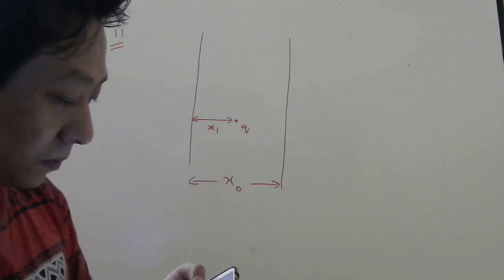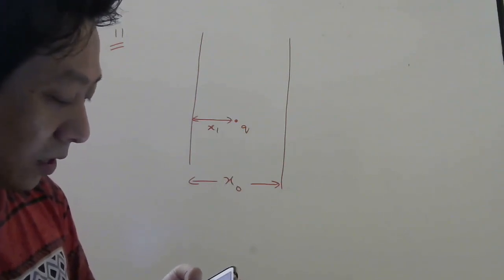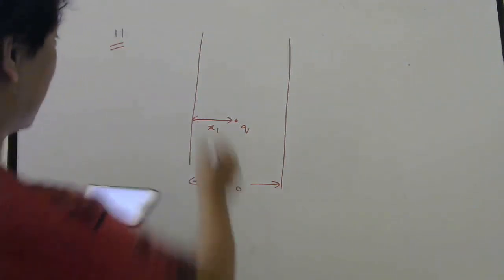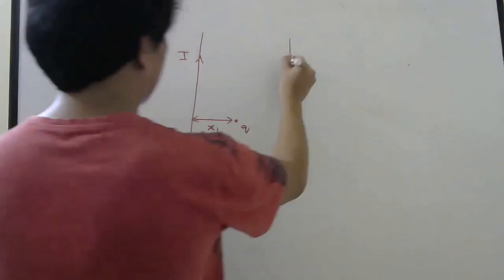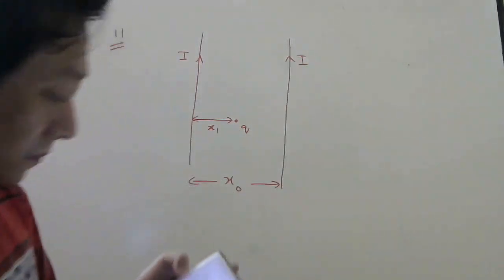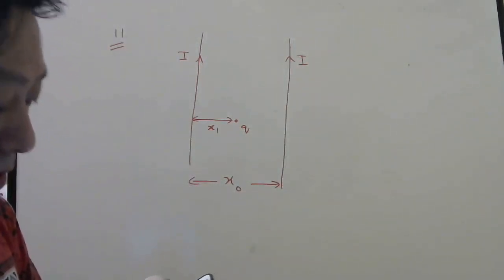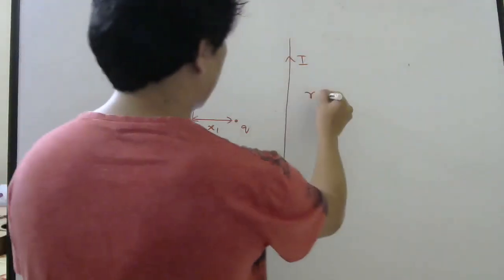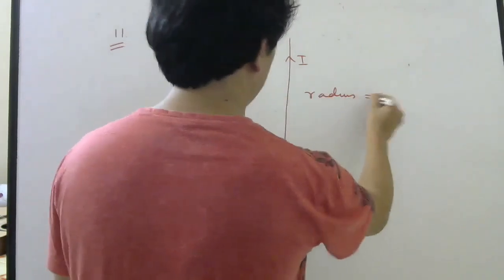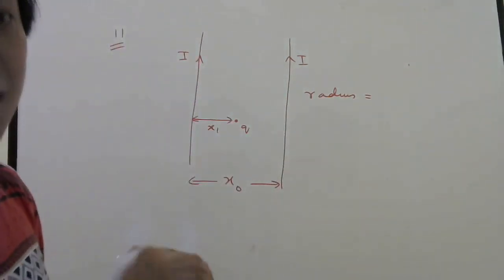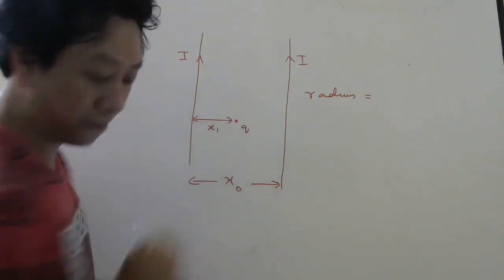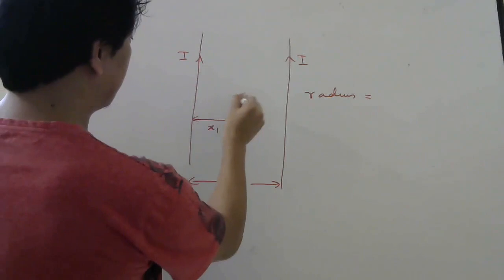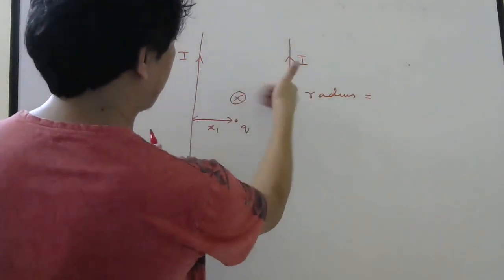So let us continue. When the wires carry current of magnitude I in the same direction, the radius of curvature of the path of the point charge is r1. Not the radius of the charge, the radius of curvature. Now you know that this will produce a magnetic field like this here, and this will produce a magnetic field like this here.